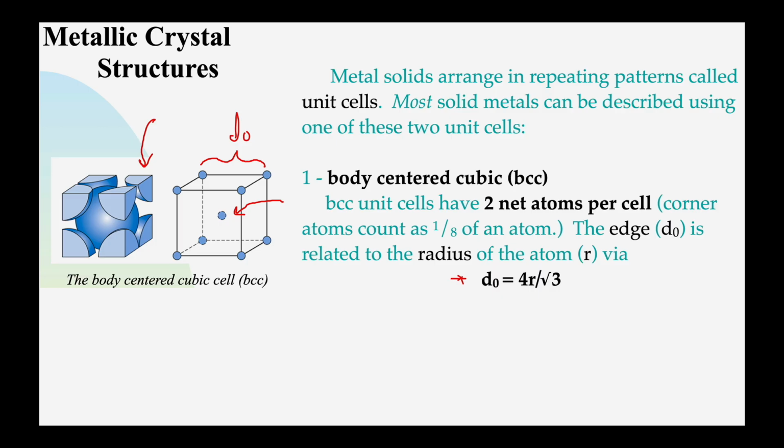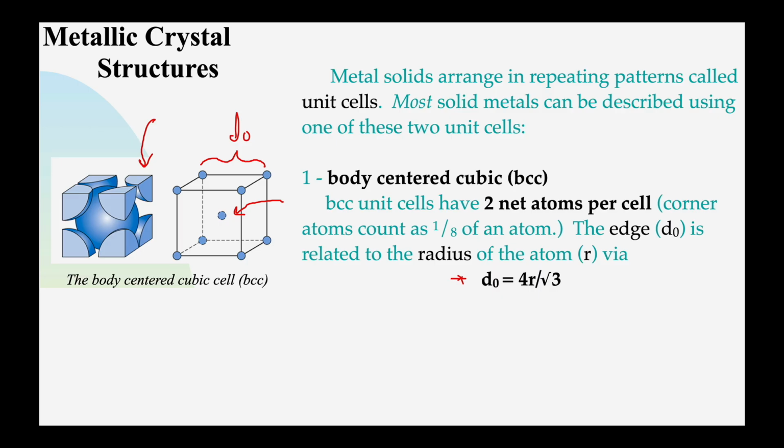Again, that relationship comes from geometry. You don't need to be too worried about it, but this is the way you can go from the radius of one of the atoms to the edge of the cell, and that's going to be really helpful to us. In BCC, we would say 2 atoms per cell, and the edge D0 equals 4R divided by square root of 3.